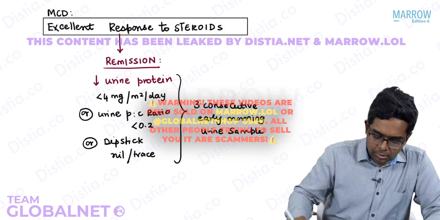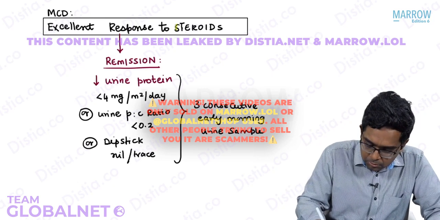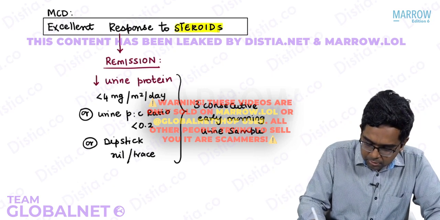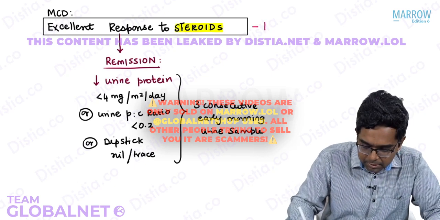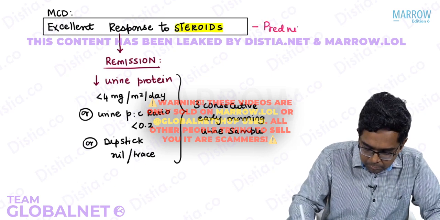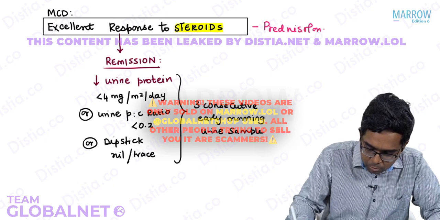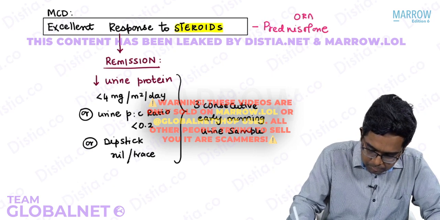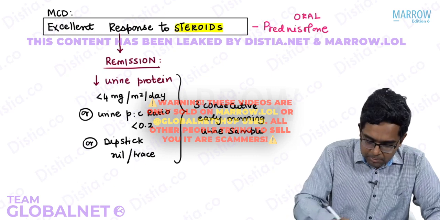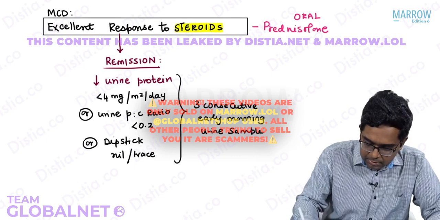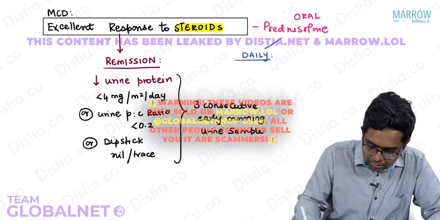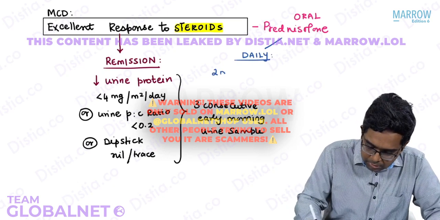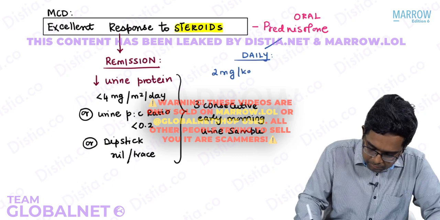Now let us know about the usual treatment schedule with steroids. The commonly used steroid in treatment of nephrotic syndrome is prednisolone. We generally give oral prednisolone. Initially this prednisolone is given as daily medication, and the usual daily dose is 2 milligram per kilogram every day.